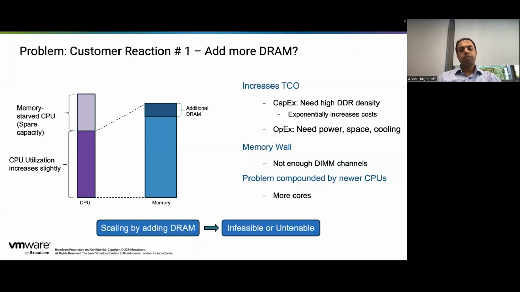Now, that problem is also compounded by newer CPUs because as the cores increase with newer Xeon or AMD CPUs, this problem becomes more intense, and thus, scaling by adding DRAM is not really a good solution.